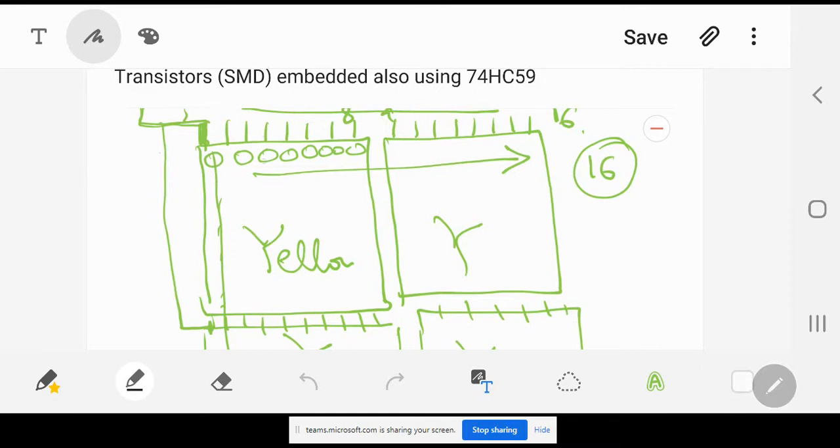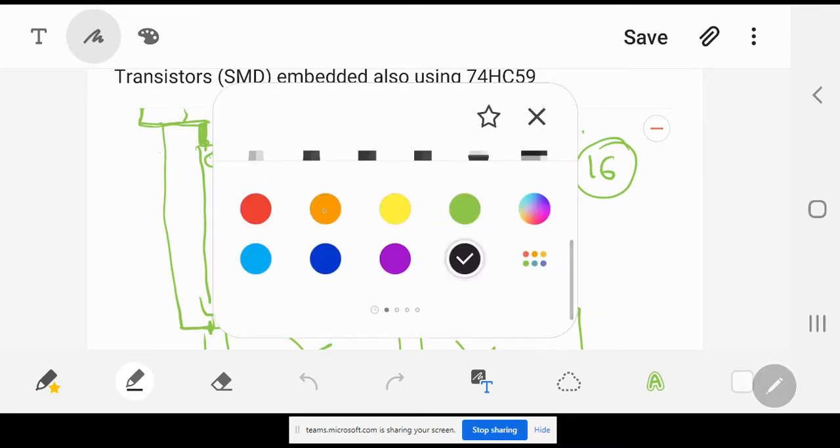So when these are column arranged, if it is going to be the first row of this one, supposedly I am using this red color.